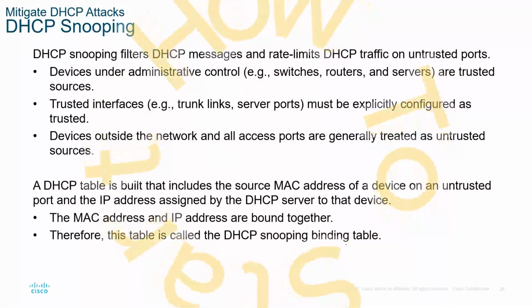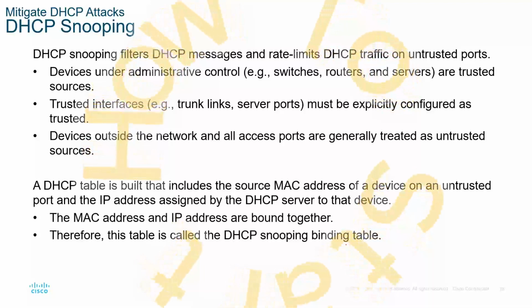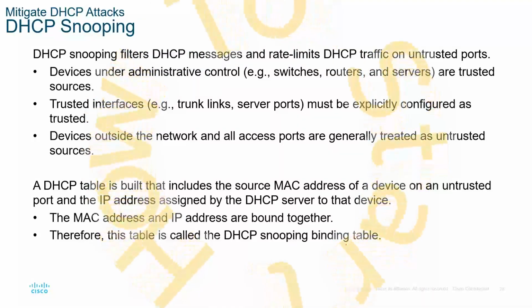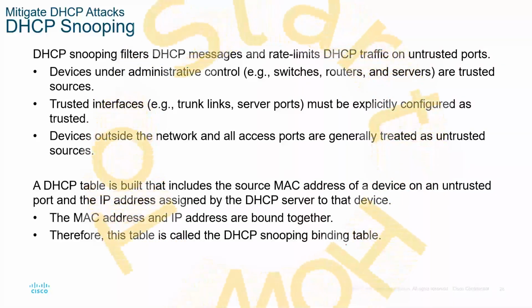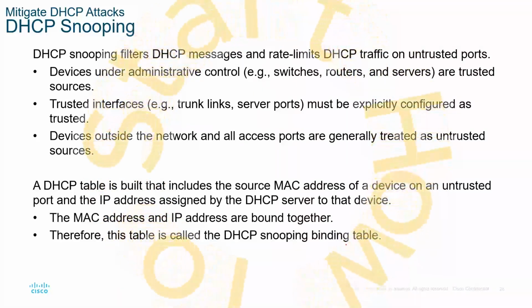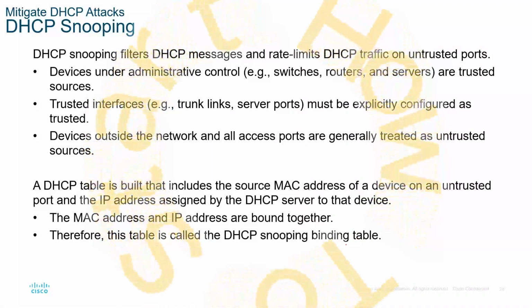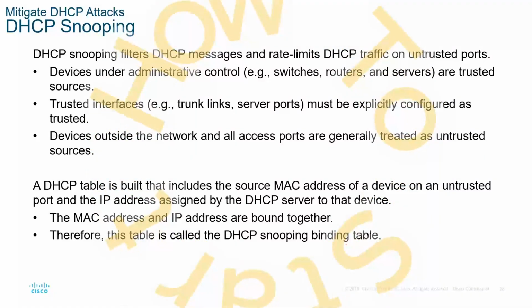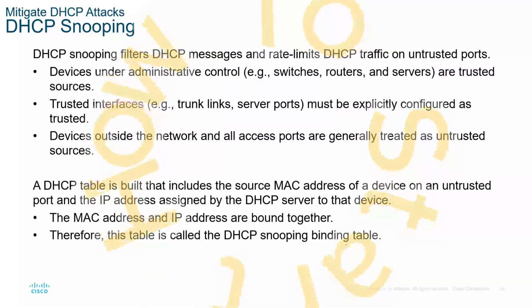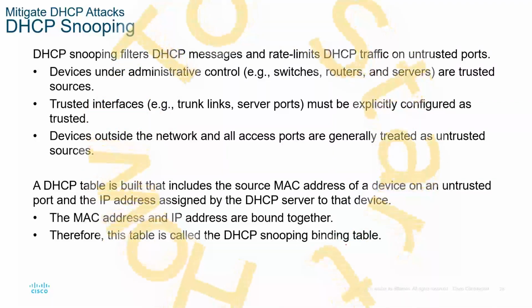So snooping filters DHCP messages and it rate limits the traffic on untrusted ports. So that means if something is coming up on an access port and it's just continuously requesting addresses, it can rate limit how many requests can be sent on that port, unless it is trusted.